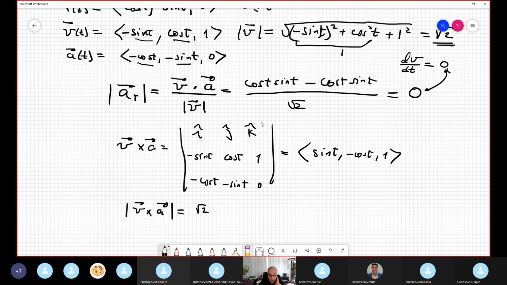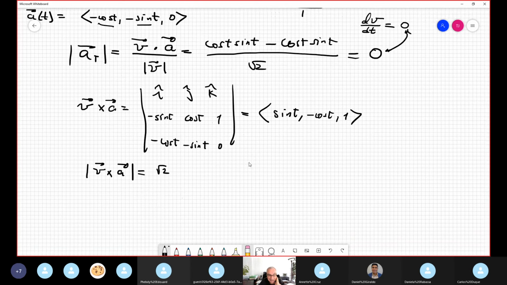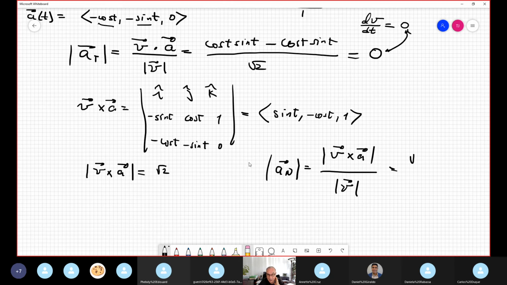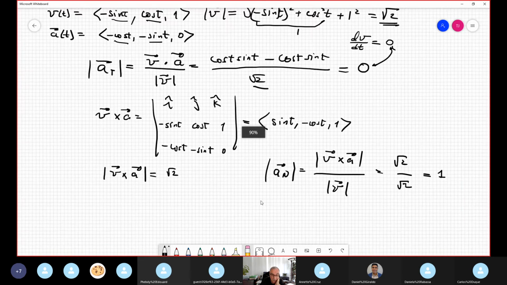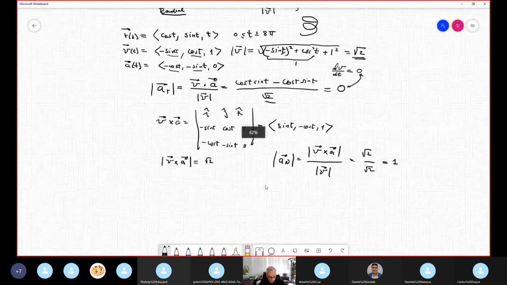Okay, so the component of the normal acceleration is magnitude of B cross A divided by magnitude of B. And the magnitude of B cross A I found is radical 2, and the magnitude of B is radical 2 also, I computed before. Look at that here. So the component of the normal acceleration is 1.